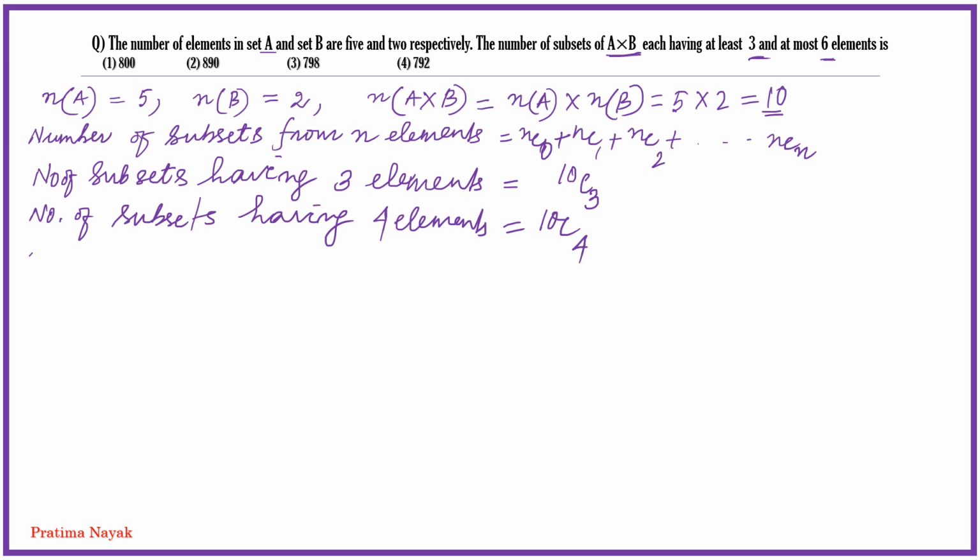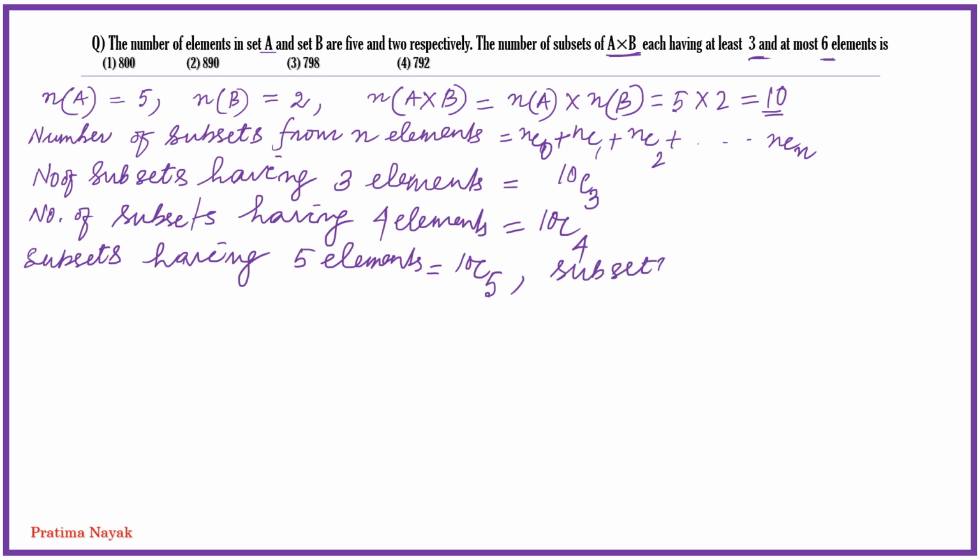The number of subsets having 5 elements is 10 combination 5, and subsets with 6 elements is 10 combination 6. So we will add them for minimum 3, maximum 6.